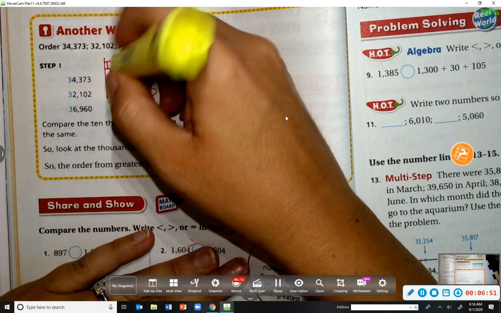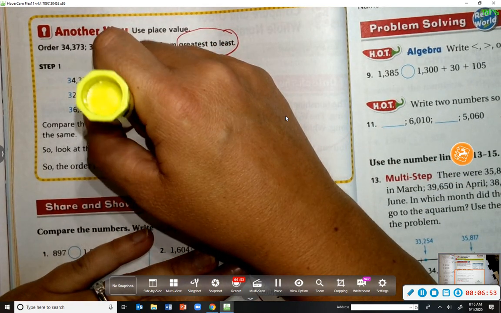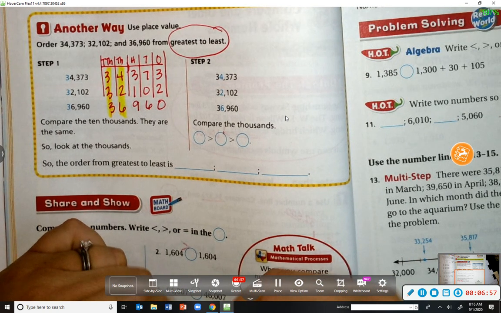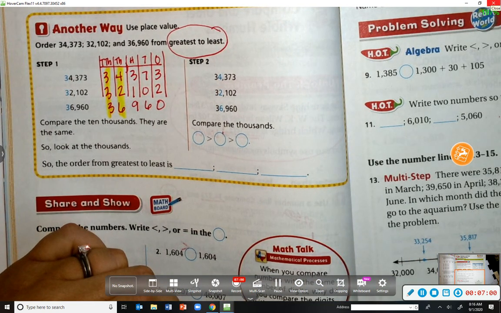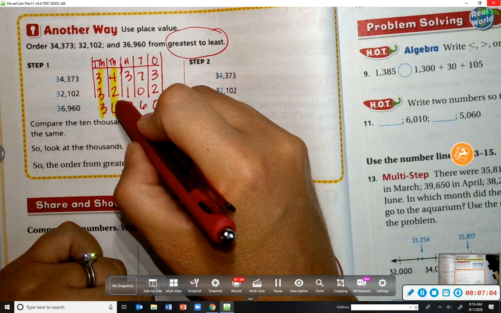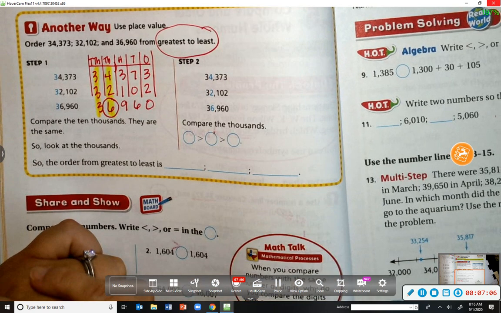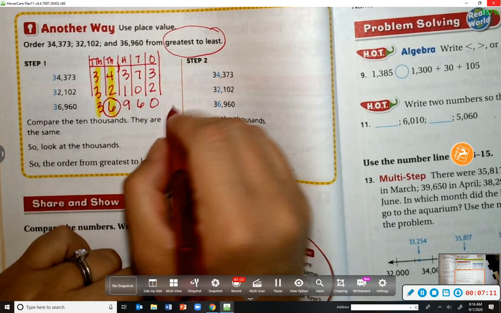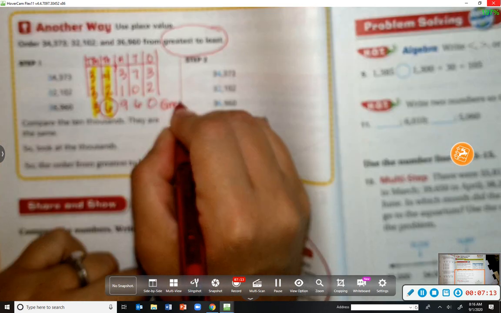So I go to the next place value. I have a 2, a 4, and a 6. Now can you tell which one's the least or the greatest? Yes, I can tell that 6 is the greatest, so that should be the number I put first because it is the greatest.